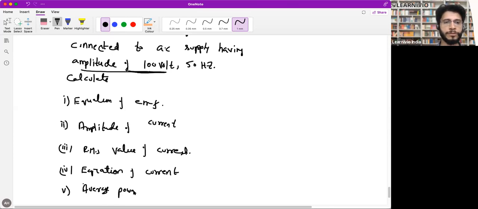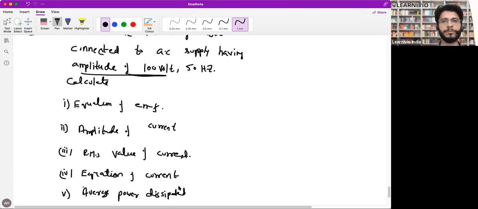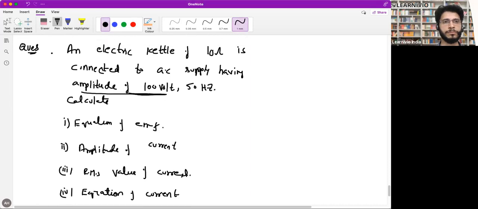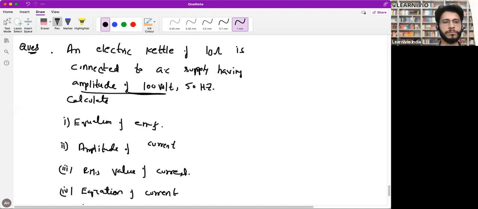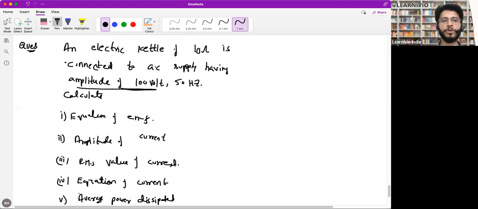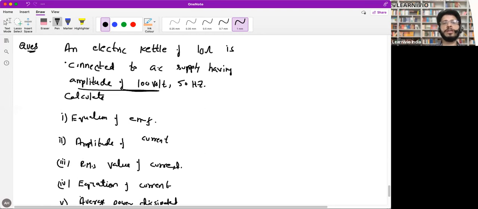Average power dissipated. Okay, just note it down. Solve it. So this 100 volt is the peak value. Amplitude means peak value. Note it down and write your answers in chat.